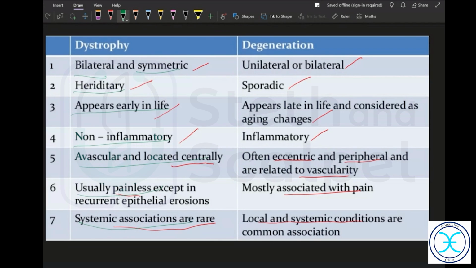Degenerations are usually random, with some acquired defects after birth. They can be unilateral or bilateral, and are sporadic. They appear later in life, are inflammatory, mostly eccentric and associated with pain, and local and systemic conditions are usually associated with them.